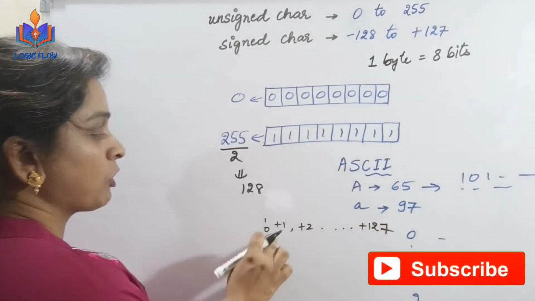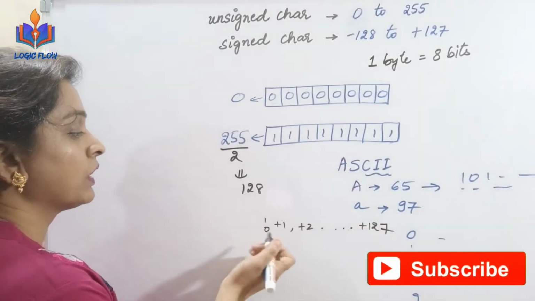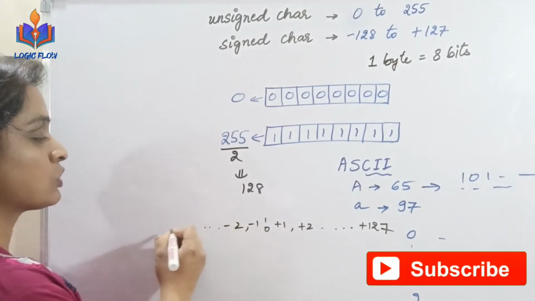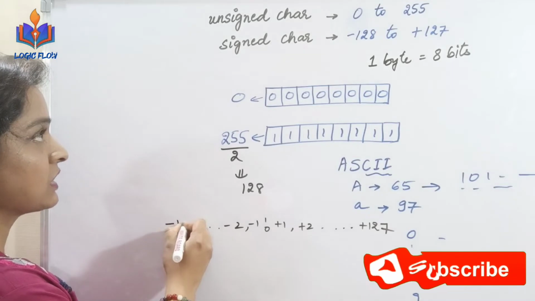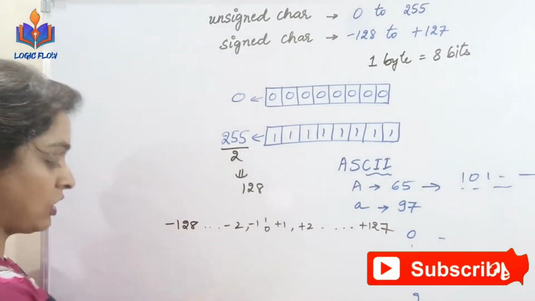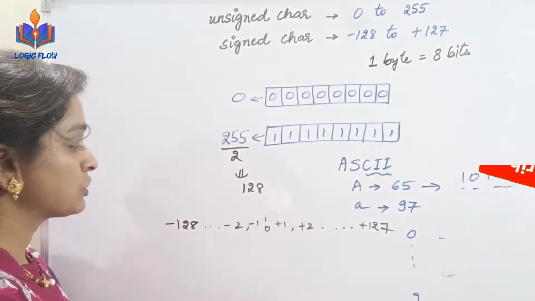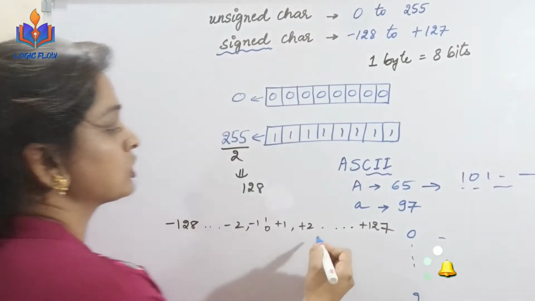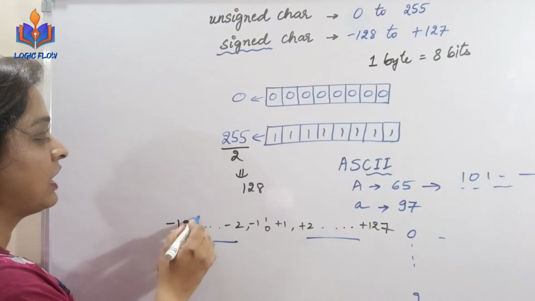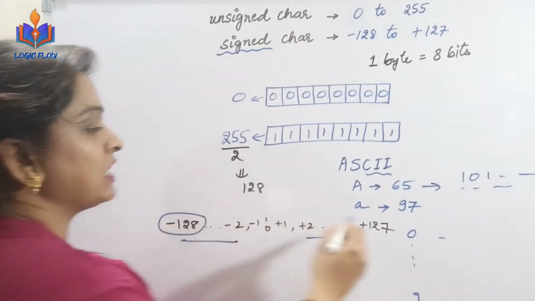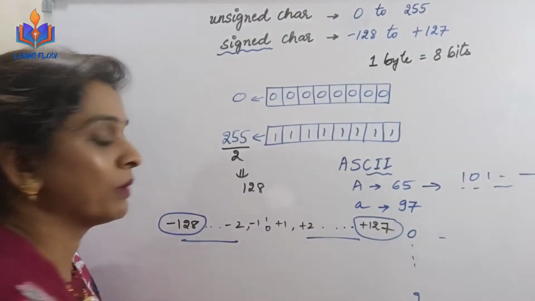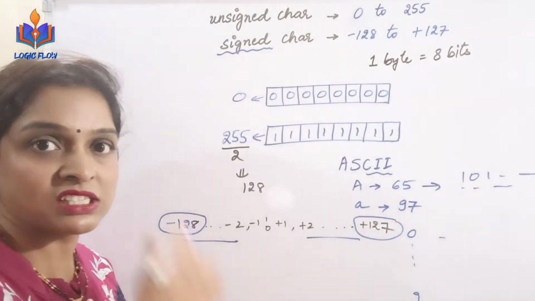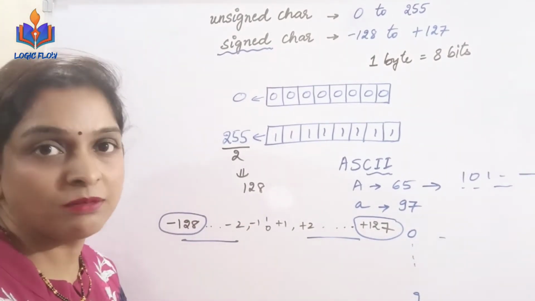It goes on, because we have to include 0 also. Towards negative, I say minus 1, minus 2, it goes on up to minus 128. So this is the range we have: the range for signed character, which supports both positive and negative, from minus 128 to plus 127.